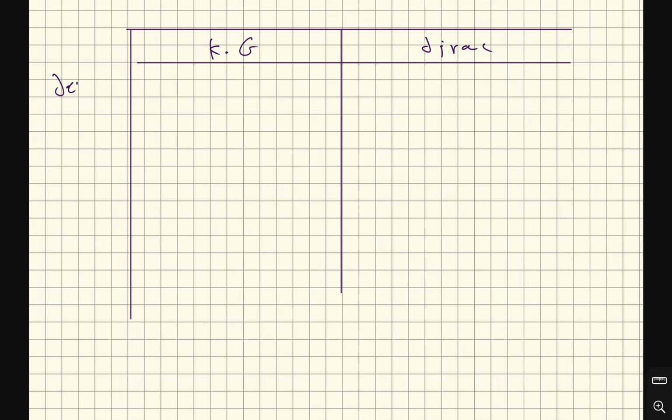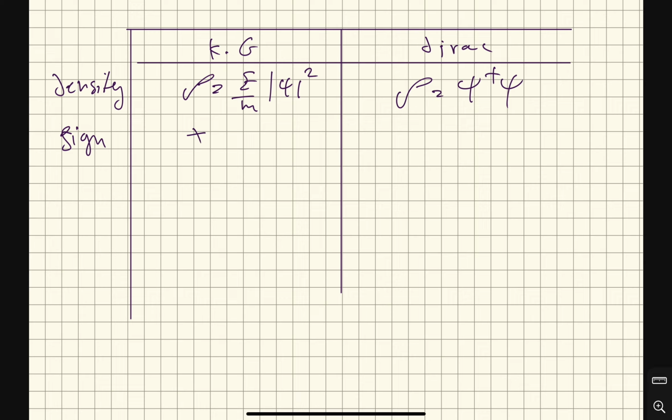For the density, in Klein-Gordon, rho is equal to E over m times the psi square modulus. For Dirac, rho is psi dagger psi. For the sign, in Klein-Gordon it can be negative or positive, but for Dirac, it's always positive.